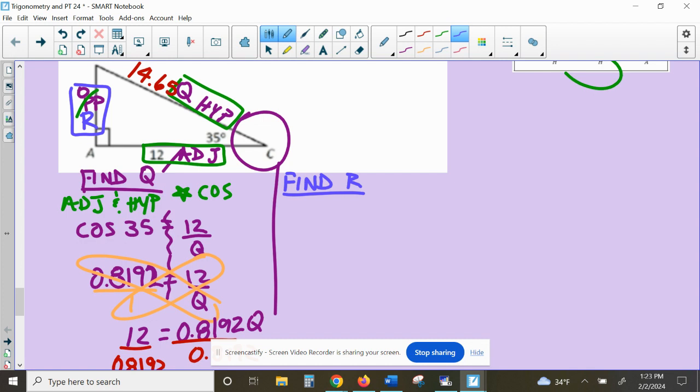It looks like we have both, right? Which one's going to be easier to work with? The adjacent or the decimal up there? Now you can use either. I'm going to pick this one because I like simpler. So I'm going to be using opposite and adjacent.